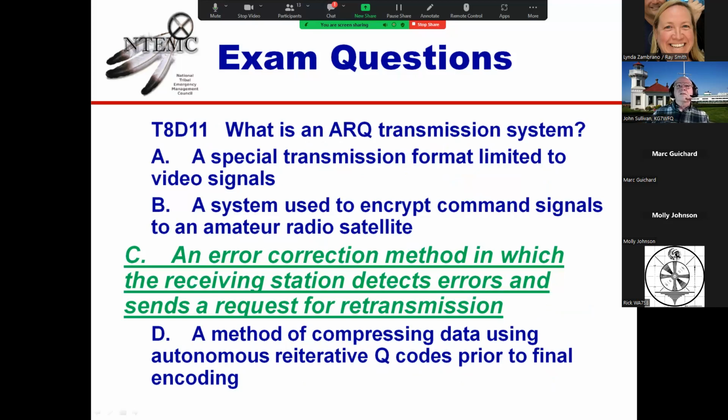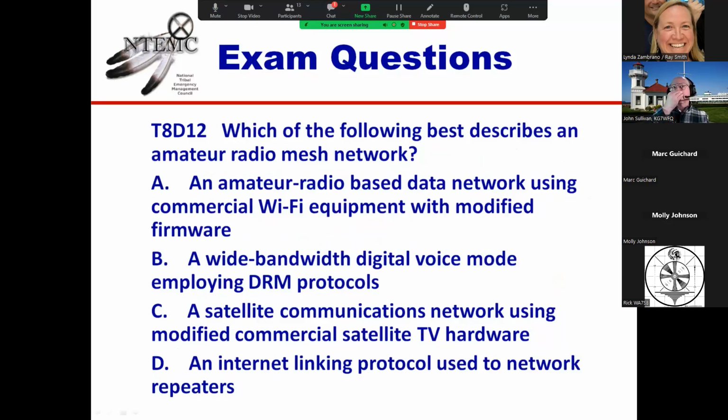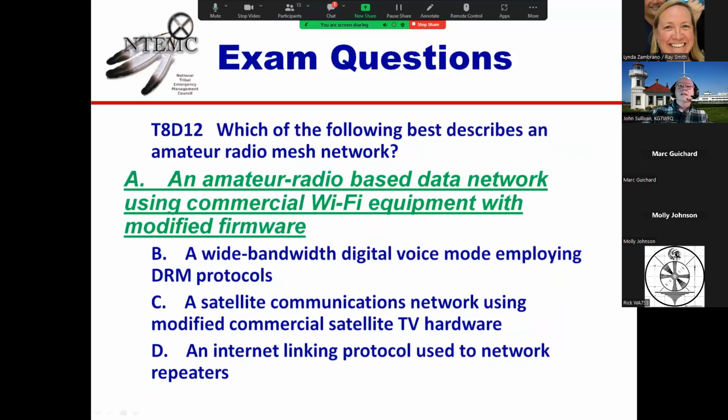Which of the following best describes an amateur radio mesh network? I mentioned that briefly. It was talked about networking radios on amateur frequencies using commercial Wi-Fi equipment with modified firmware. You'll hear that term a lot these days about mesh networks with amateur radio.